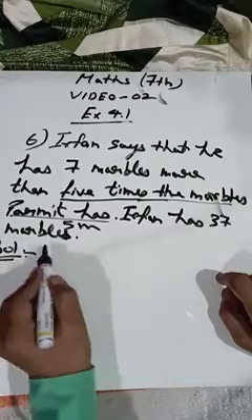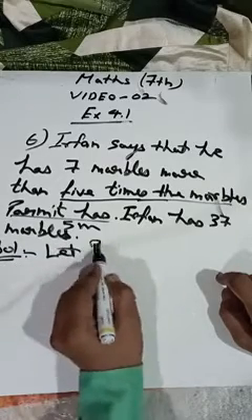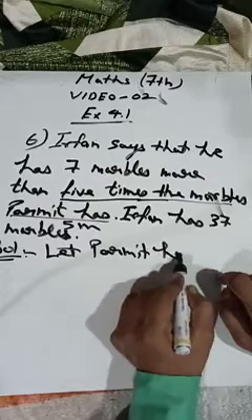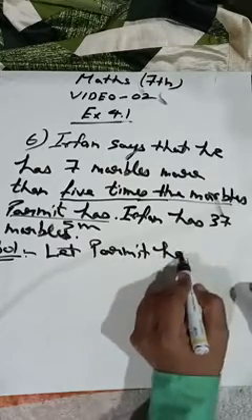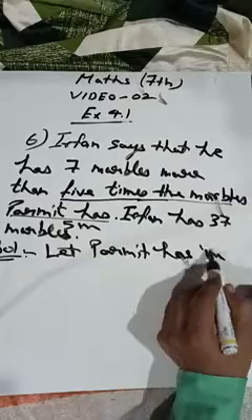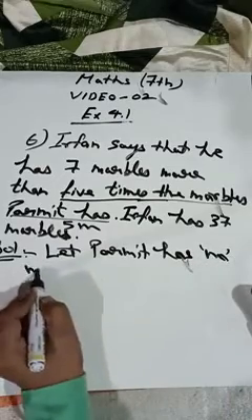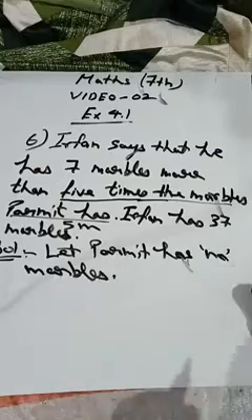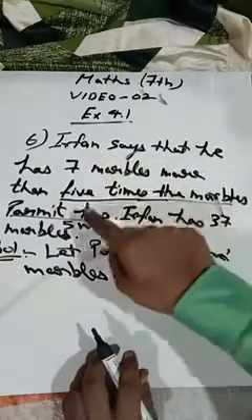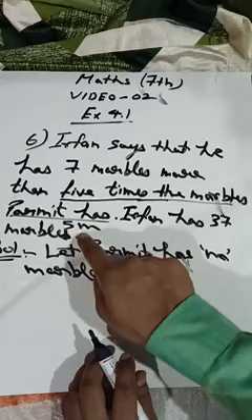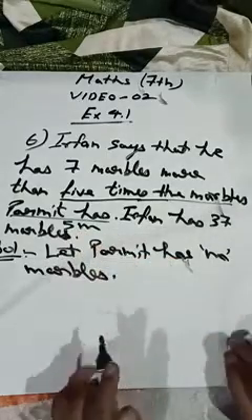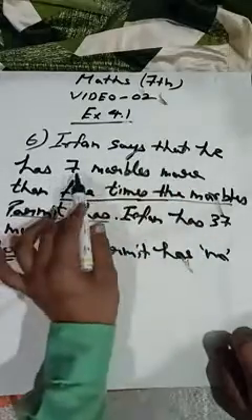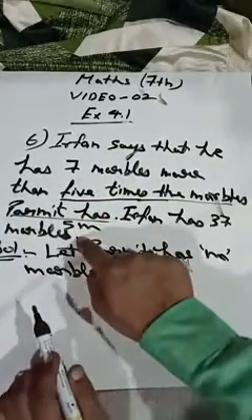Let Parmeet have m marbles. Then instead of 5 times the marbles you read 5m. I'm just telling you a trick. Now read once again. Irfan says that he has 7 marbles more than 5m.